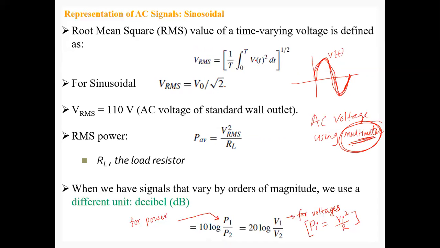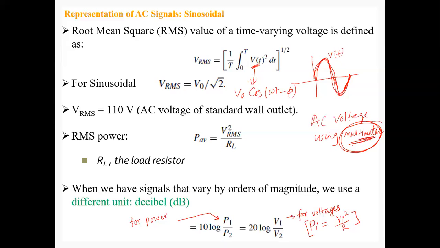So if you plug in V(t) for the sinusoidal case, what is your V(t)? V(t) is V0 cosine of omega t plus phi, right?